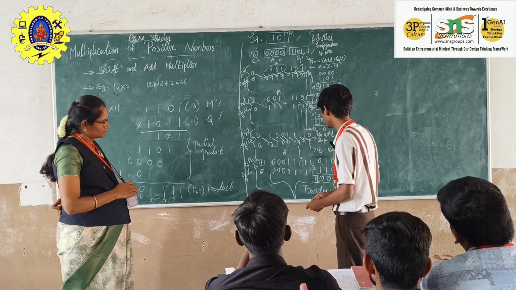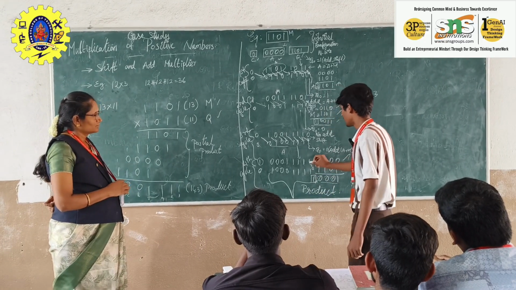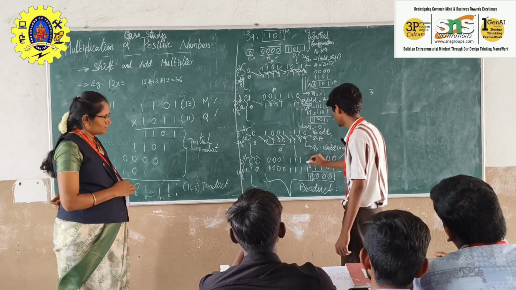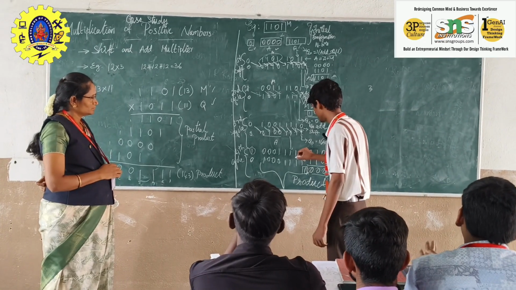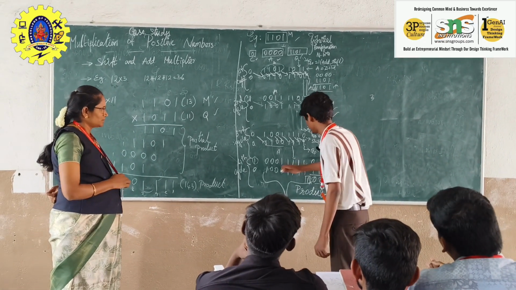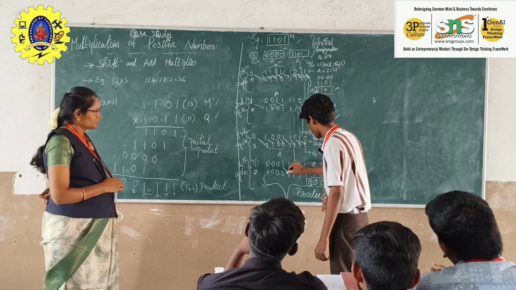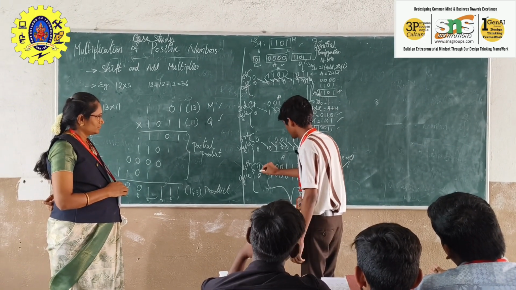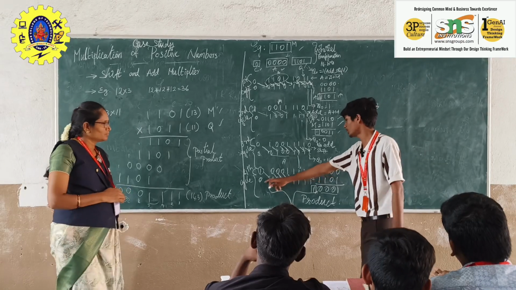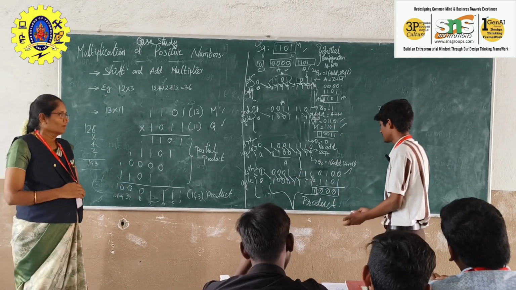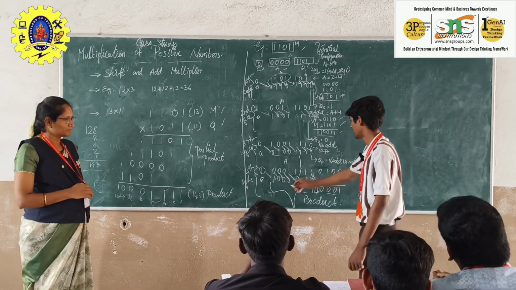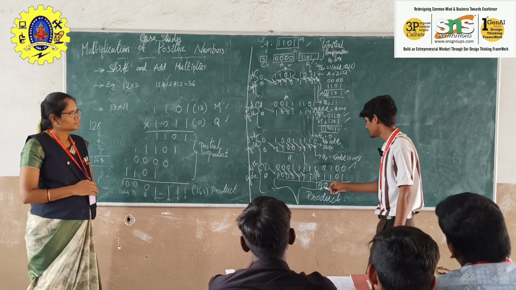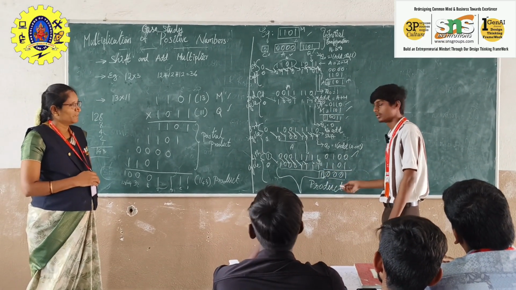After adding, we shift the number. There is no carry, so we take 0. The last 8 bits, the byte, will be the product.